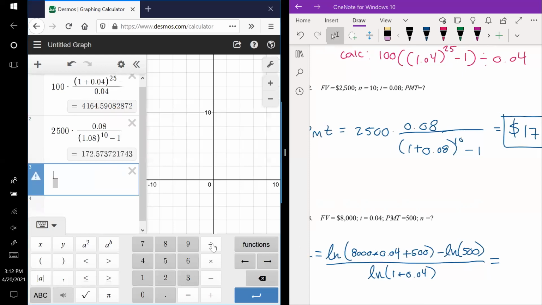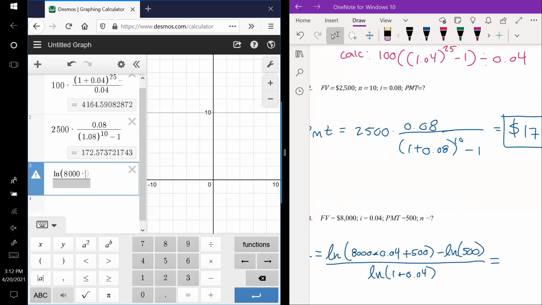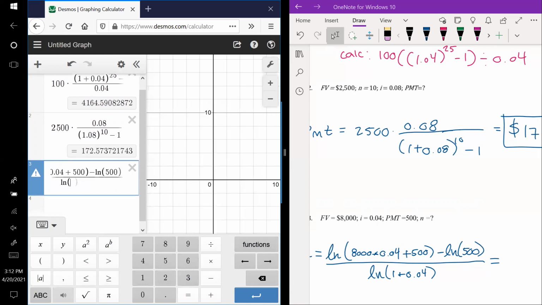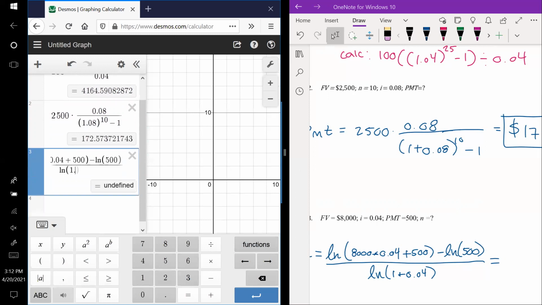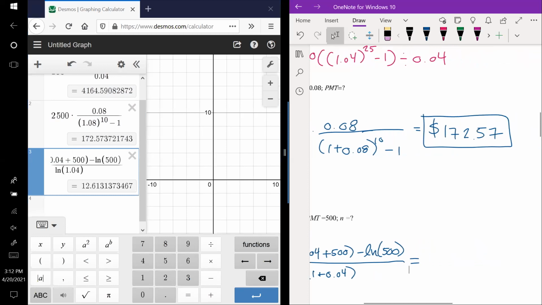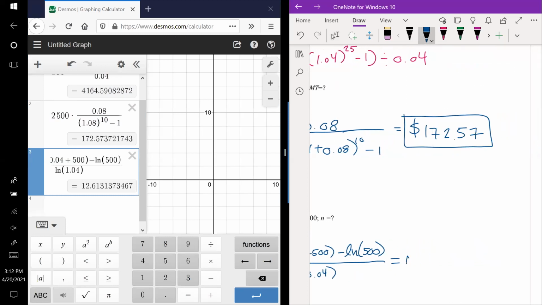So I'll start the fraction, and then I will go to my functions, natural log, 8,000 times 0.04 plus 500, close that, minus the natural log of 500 over the natural log of 1.04. And here we get 12.61.